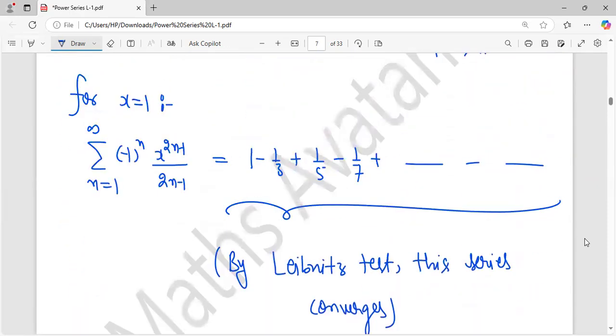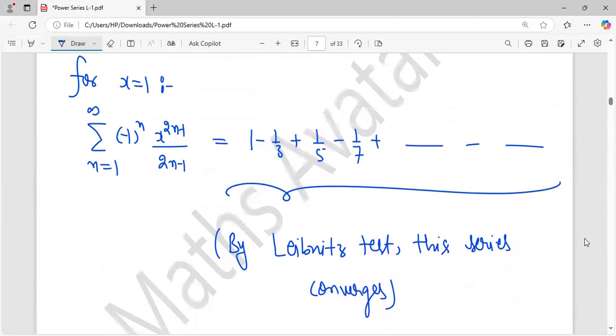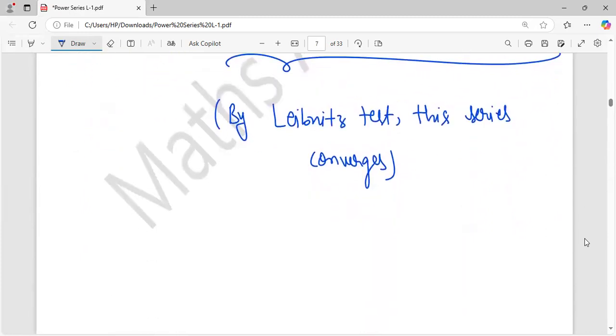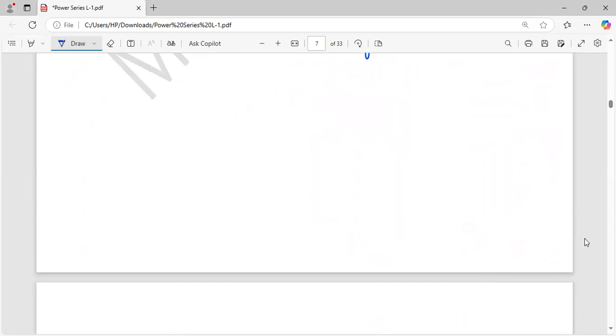So now the B part, x is equal to 1, the series converges by Leibniz test. Again, now for x is equal to minus 1, what do we have?